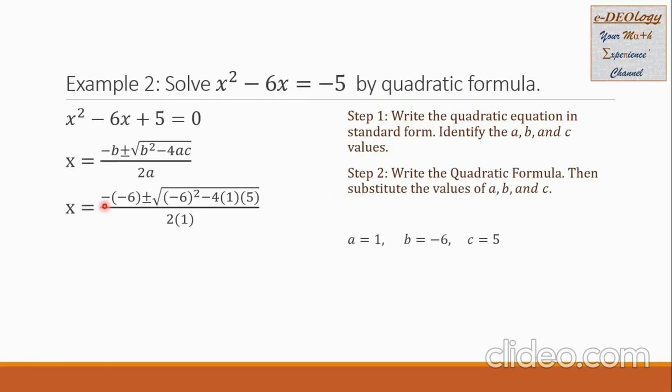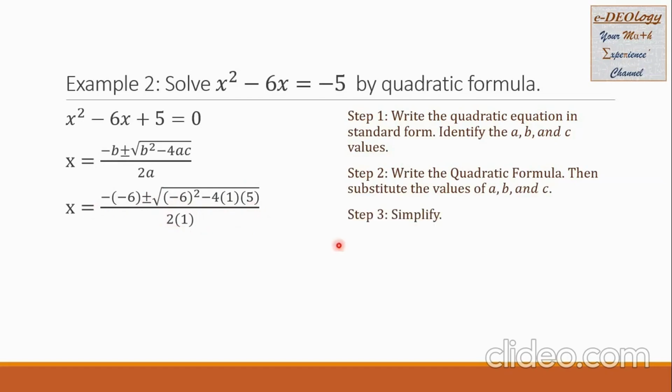So it's now negative of -6 plus or minus the square root of the square of -6 minus the constant 4 times a, which is now changed into 1, times c, which is now changed into 5, all over 2 times a, and a is 1.